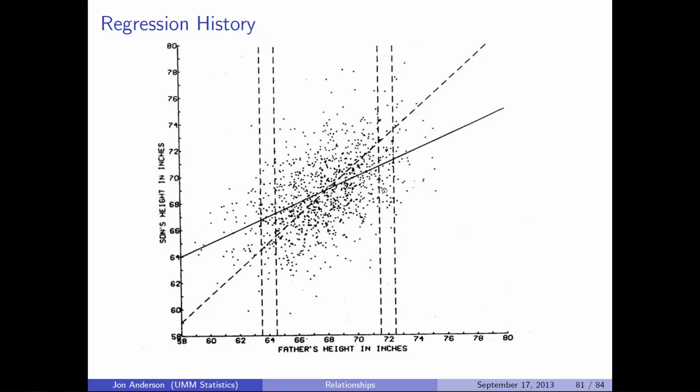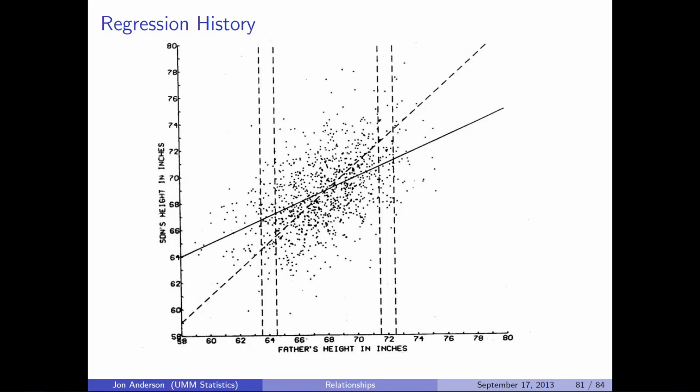And what you'll notice is the son's height for just the values in this strip is about right here. This is about the halfway son's height. About half the sons are taller than this number, half the sons are shorter, and what height is that? Well, it's about 71 inches.